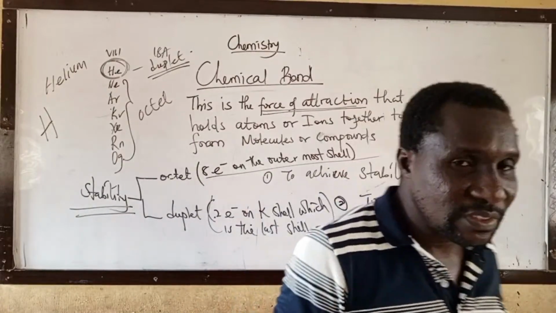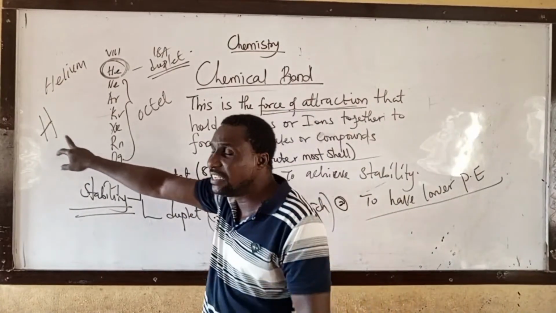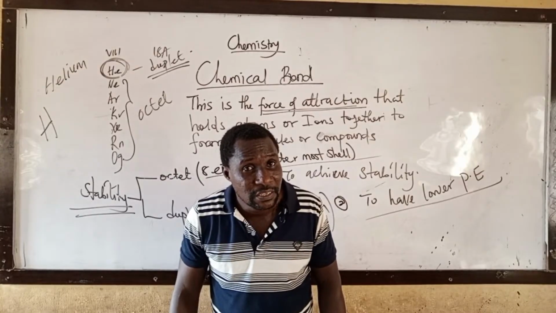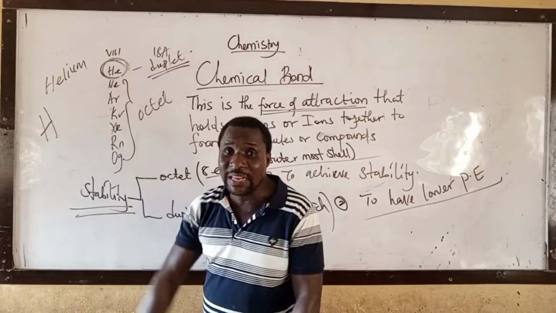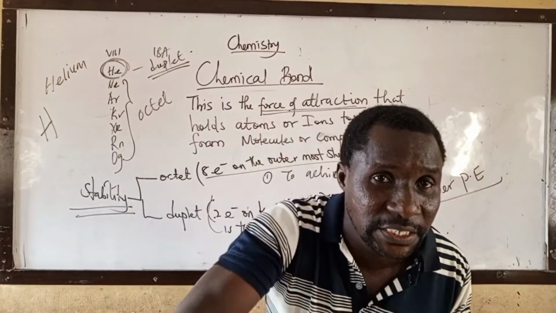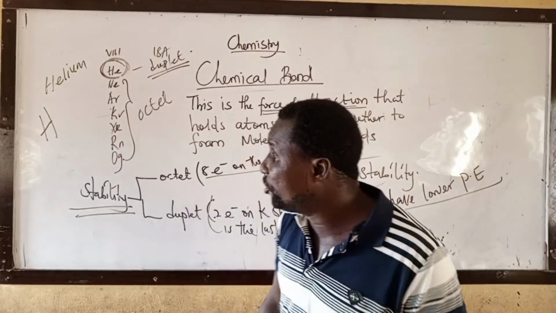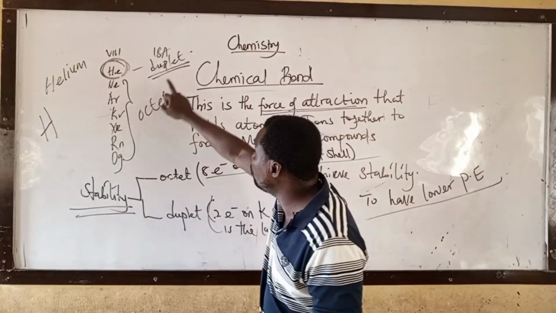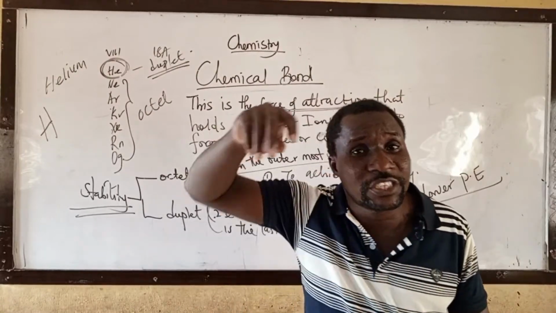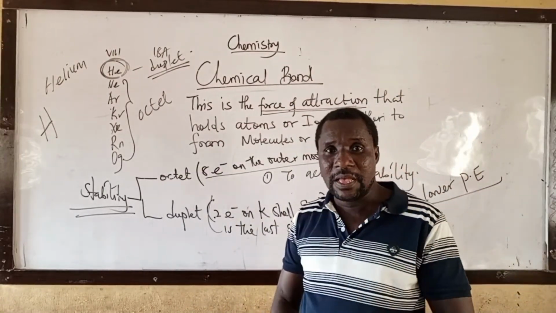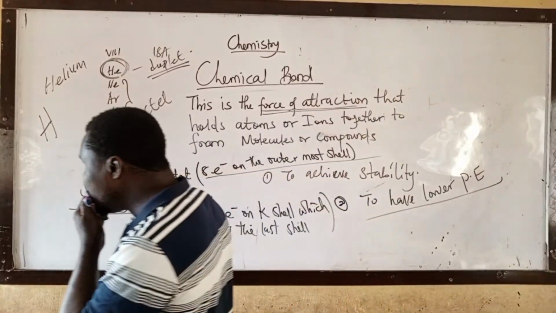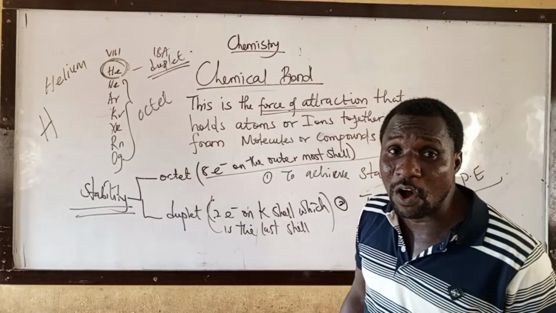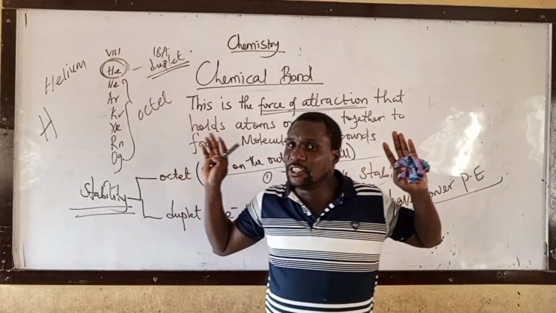Hydrogen is the only element that can form a duplet when it undergoes chemical bonding. Helium is already a duplet, it's stable.